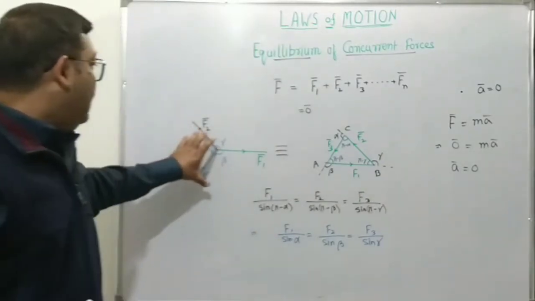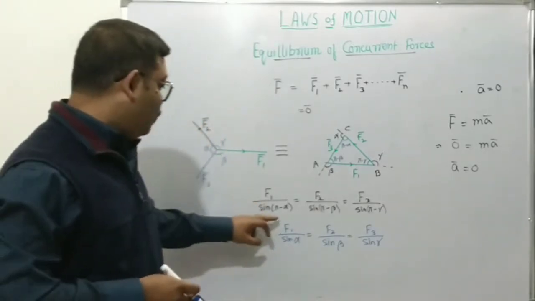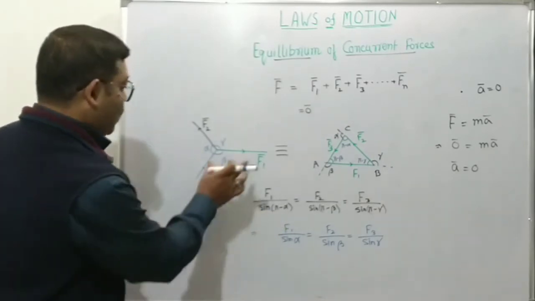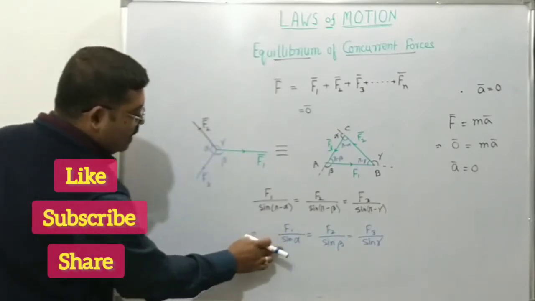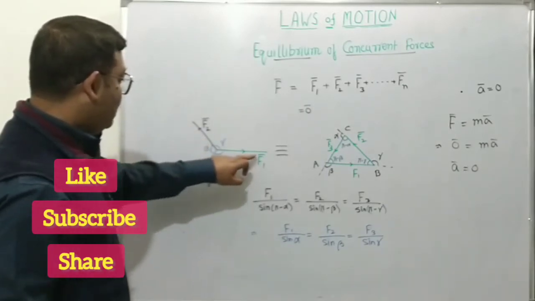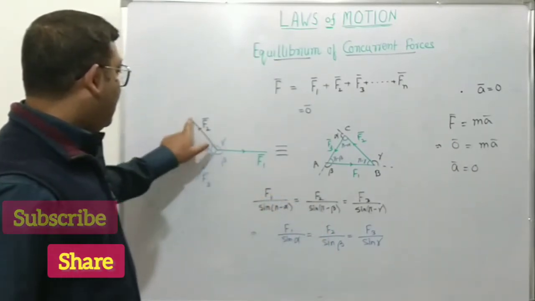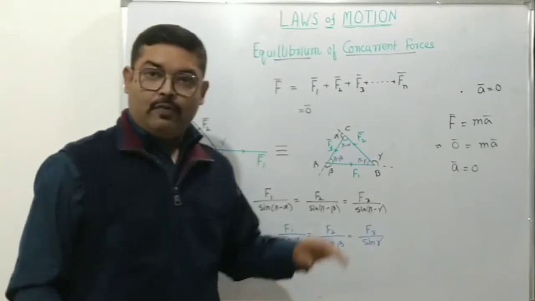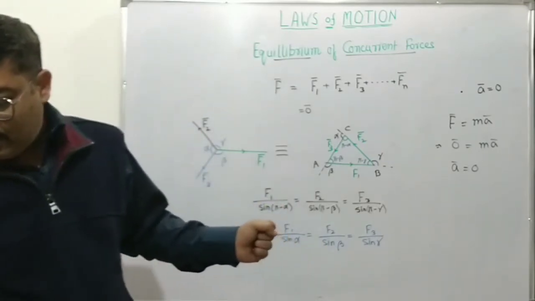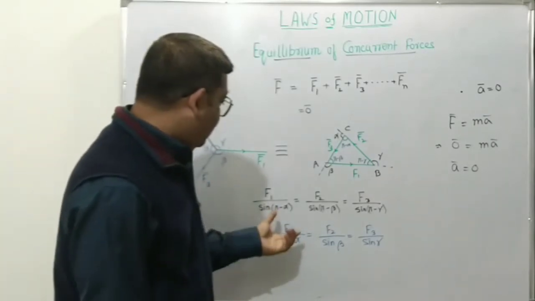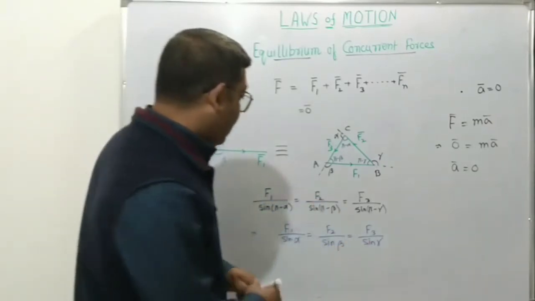So for three concurrent forces to be in equilibrium, the ratio of each force to the sine of the angle between the other two is constant. That is, F1 by sine alpha, where alpha is the angle between F2 and F3, or F2 by sine beta, the angle between F1 and F3, and F3 by sine gamma, the angle between F1 and F2. So the ratio of each force to the sine of the angle between the other two forces is equal.